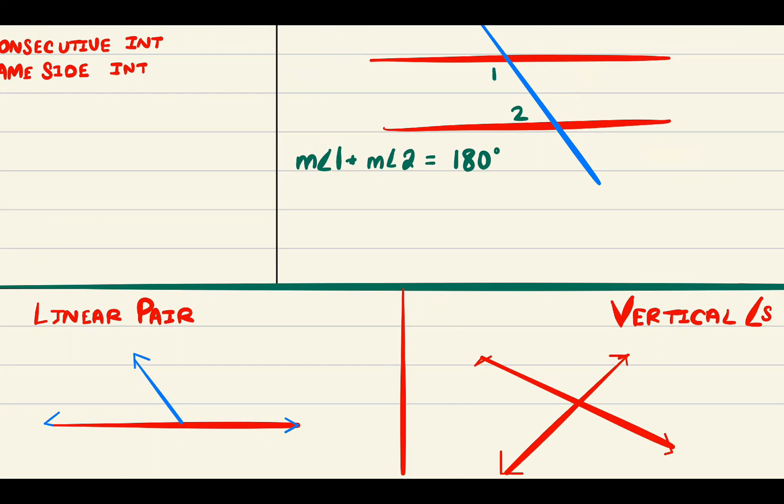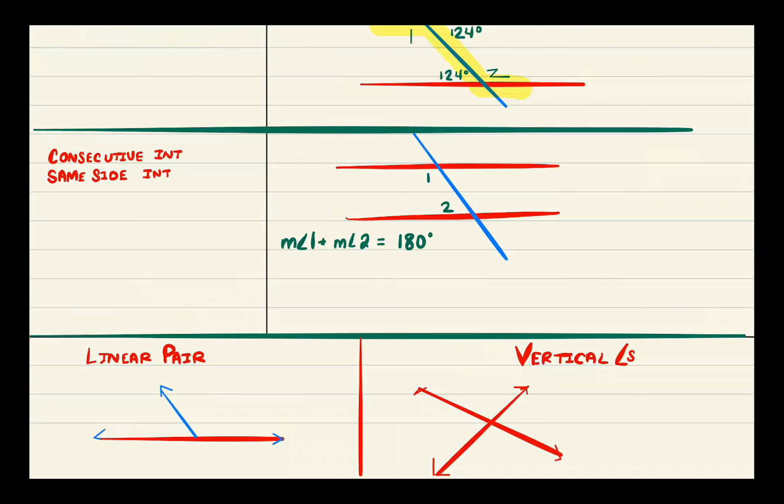Let's think about if I just have a length of straight line, what would its degree measure be? What's the measure of a straight line? It can't be 0, it has to be something, but I like where your head's at. Remember when we drew our XY? This was 0, then we went up to 90, then we got to 180.